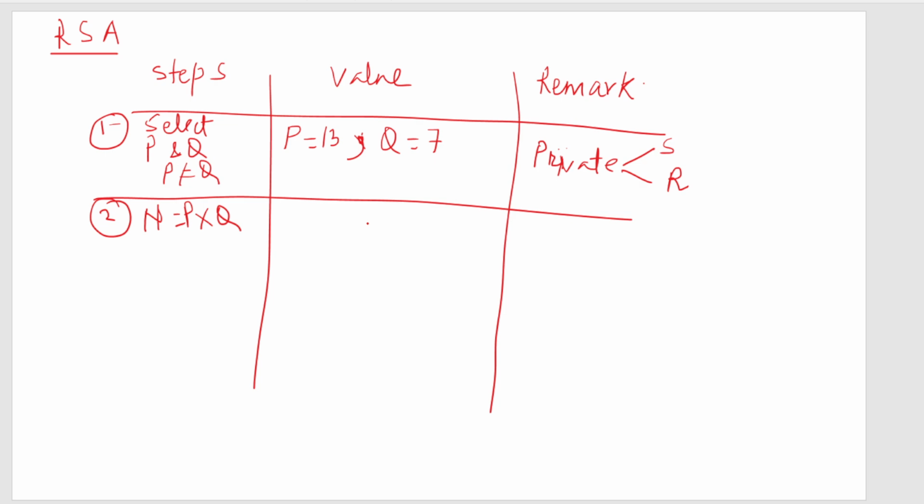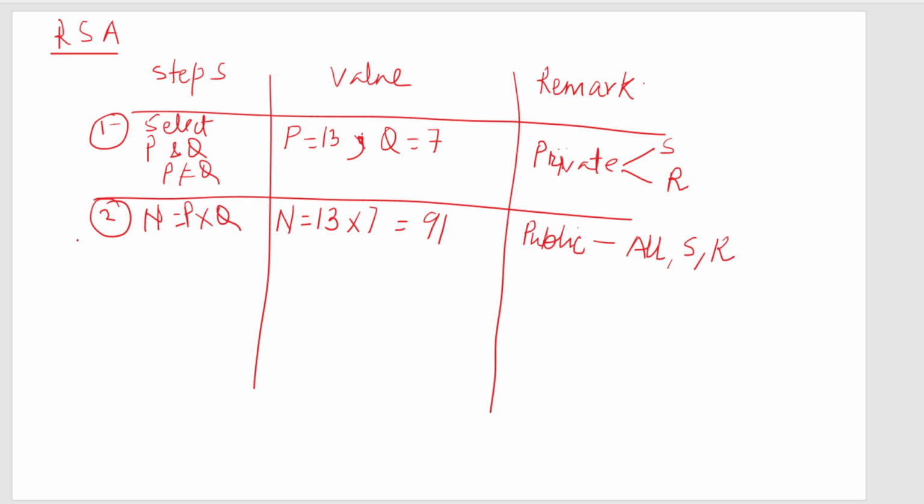That means you calculate n as 13 multiplied by 7, which comes to 91. Now this n is public in nature, which means it is known to all the recipients, including the sender and the receiver.